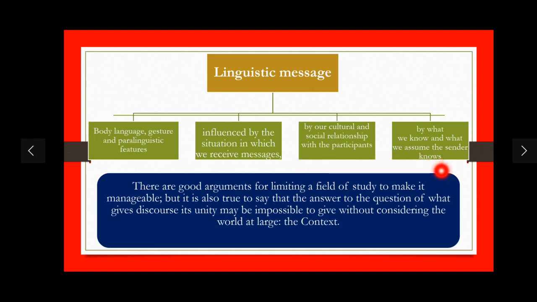And here we know what the speaker assumes that the listener will know about what the speaker says. So these are other factors which influence our message when we communicate.